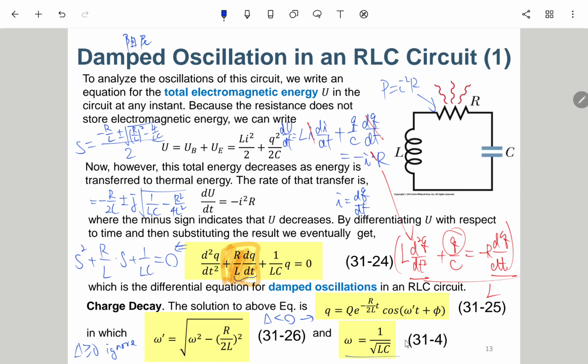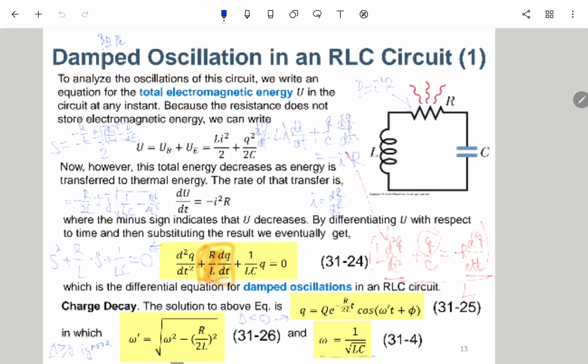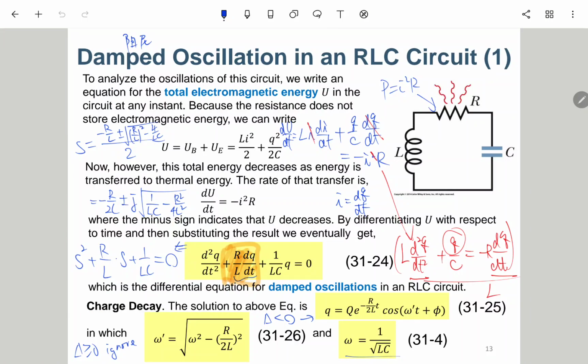Like this. Maybe I should solve it here.